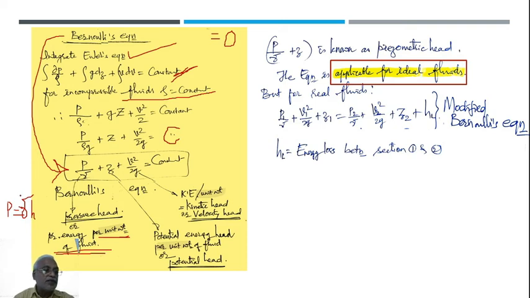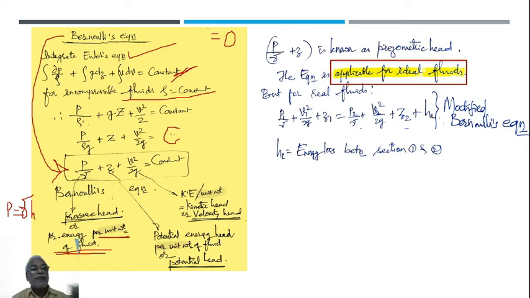Now what is the pressure energy? Gamma H. Per unit weight means you have to divide by gamma, so that you will be left with H. That is what it is. Now this z, which is a potential energy head per unit weight of the fluid. Potential head is z.